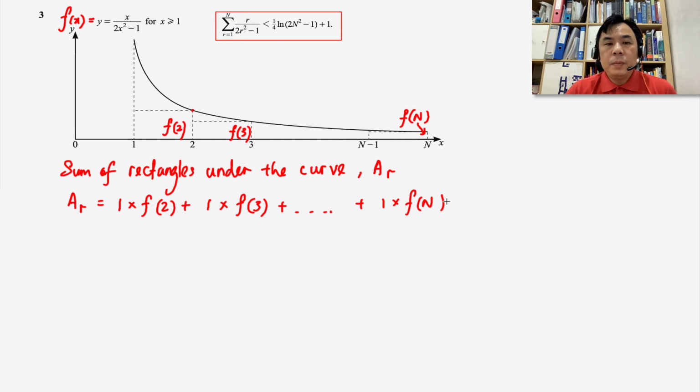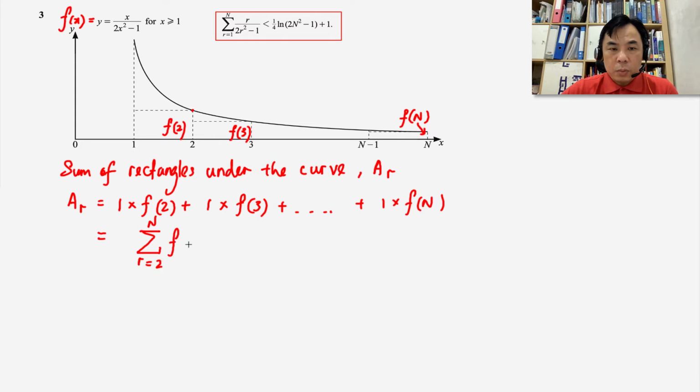All right. And then this whole series can be represented using the summation notation, of course. This is written as the sum of, if I start from r equal to 1, oops, sorry, I should not start from r equal to 1 because I noticed that it starts from 2. So therefore, it's supposed to be 2 until n.